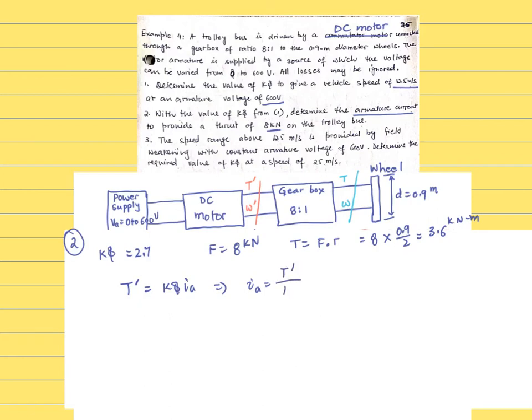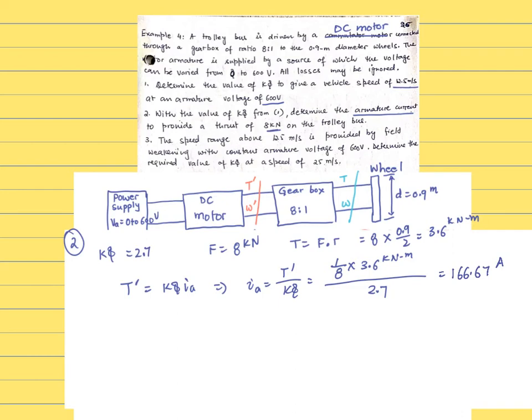So T prime over K phi: 3.6 kilonewton meters over 2.7, divided by 8. That gives you the current, 166.6, and it's in amperes, not in kiloamperes.